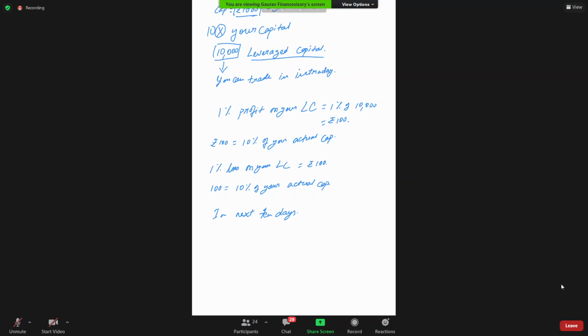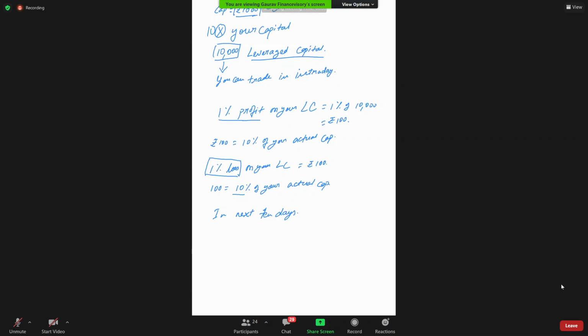So this is where leverage is a very bad thing. Otherwise, at this point, leverage is the best thing. But this is what nobody wants. So I will always advise you to use leverage wisely. Until and unless you are totally sure of your trade, never use a huge amount of leverage.